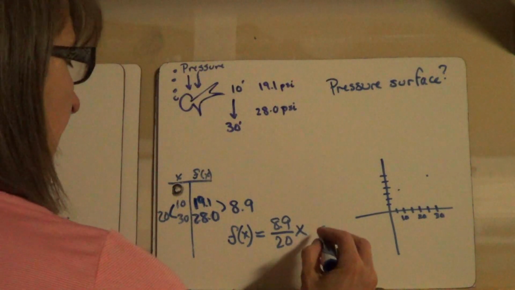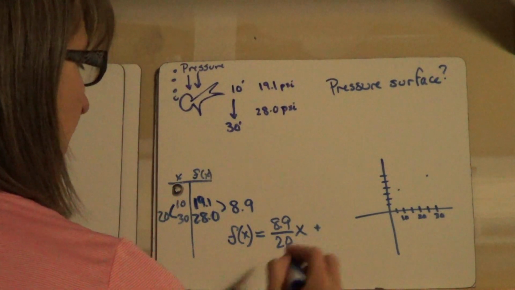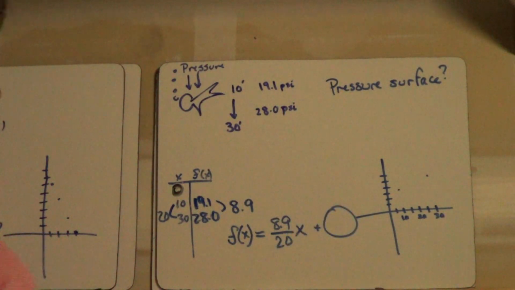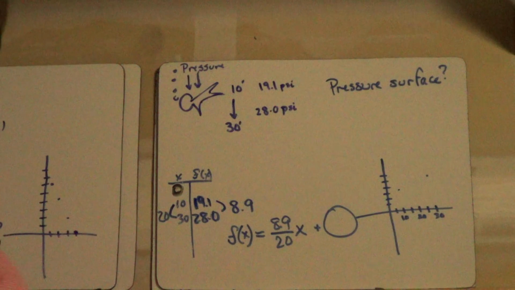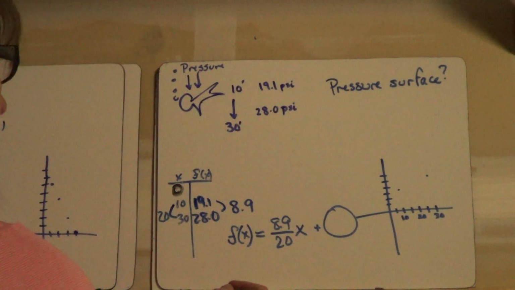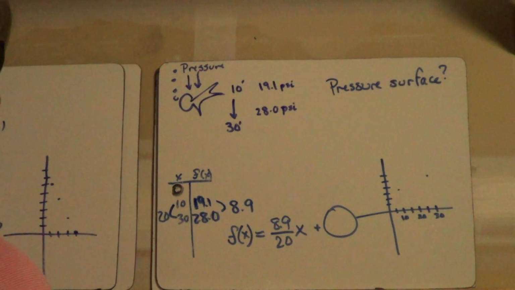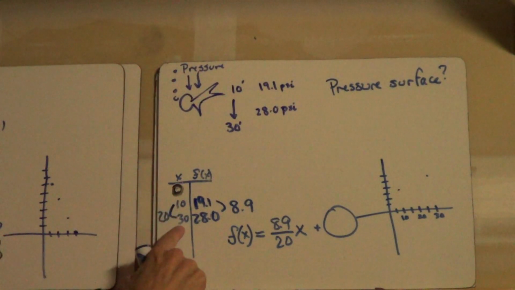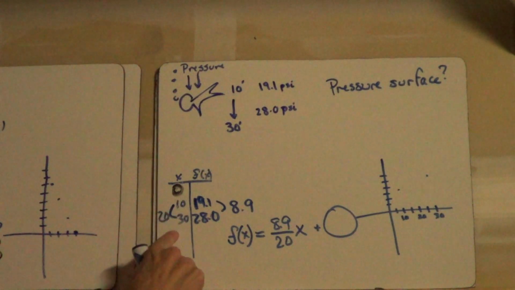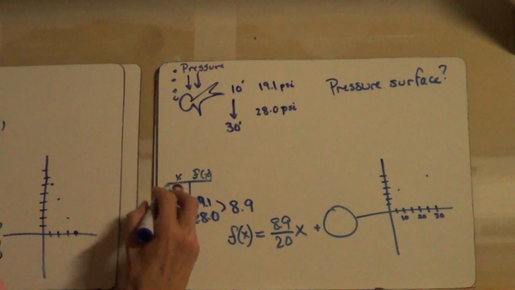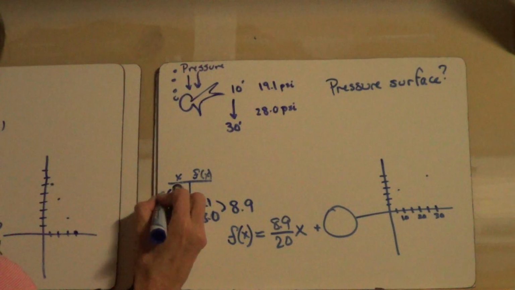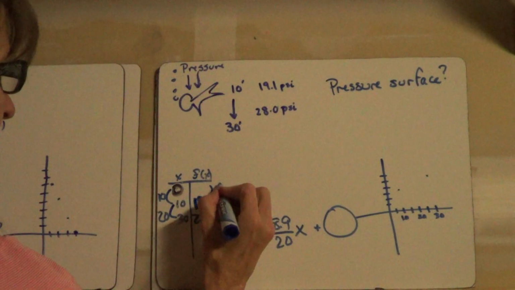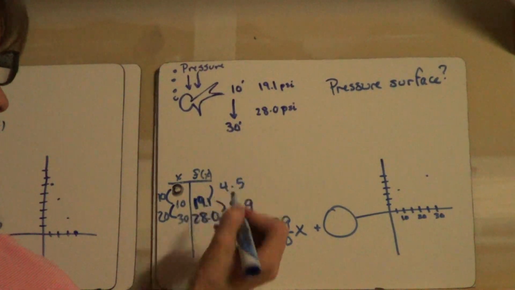And we really need to find what would be our zero term. So as we go backwards here, we don't need to lower from 10 to 20, or from 10 to 30, it's 20 feet. From 0 to 10, it's only 10. So you take half of that one. You could also do it this way and take half of this one, 4.5.